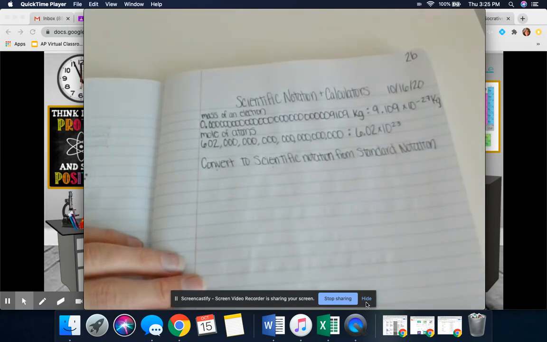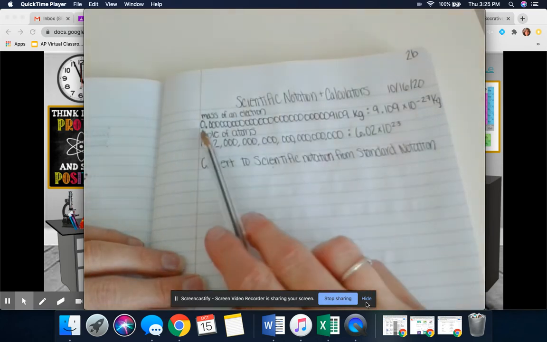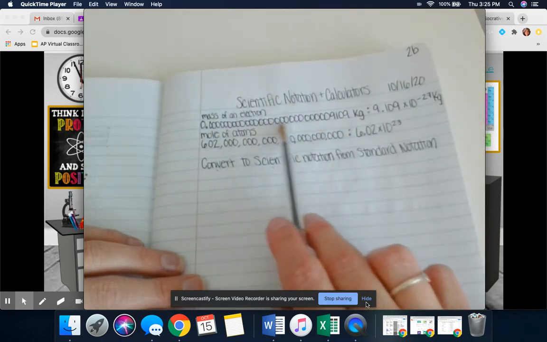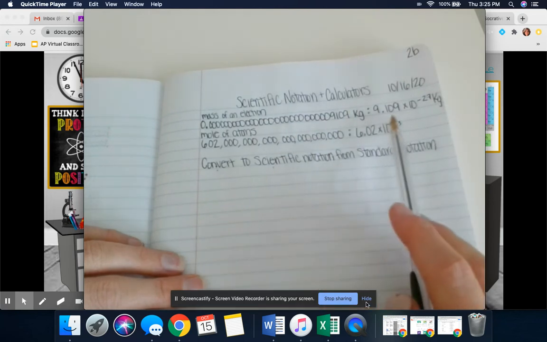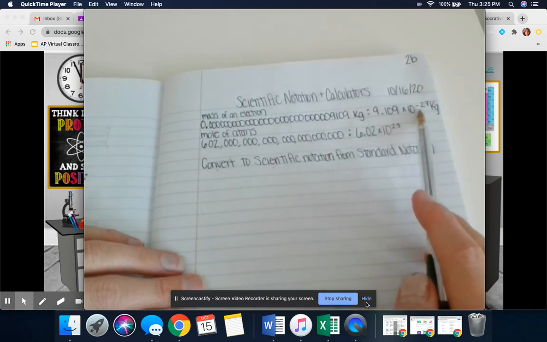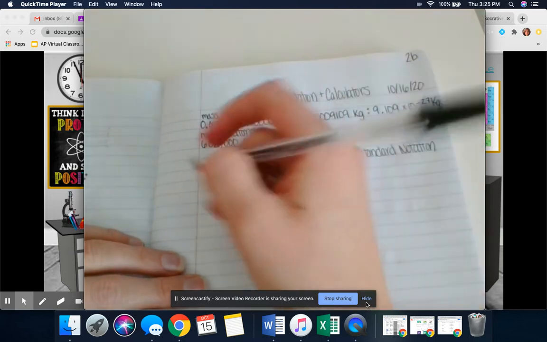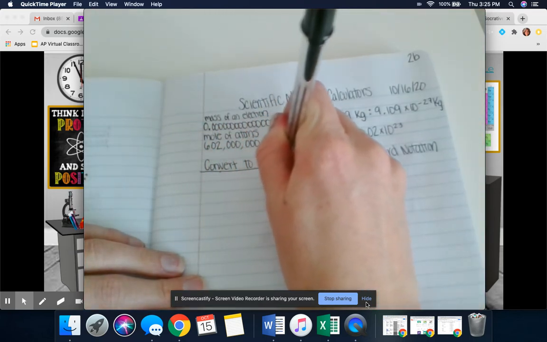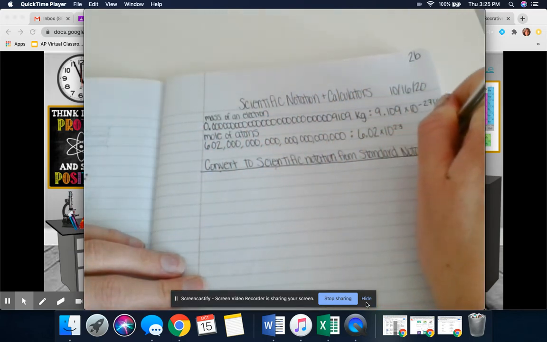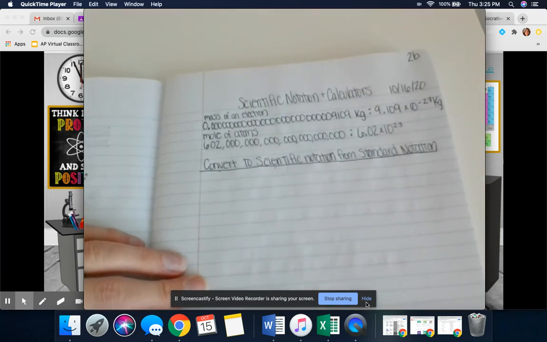Okay, so if the number is written out long like this, that is standard notation. If it's written out with the times 10 to the exponent, that's going to be your scientific notation. Okay, so you're going to practice today going back and forth before we start doing some calculations with it.